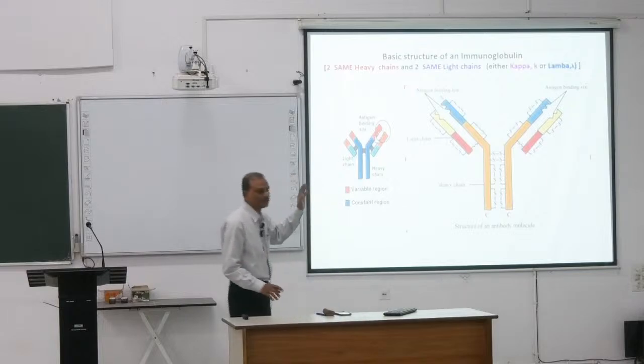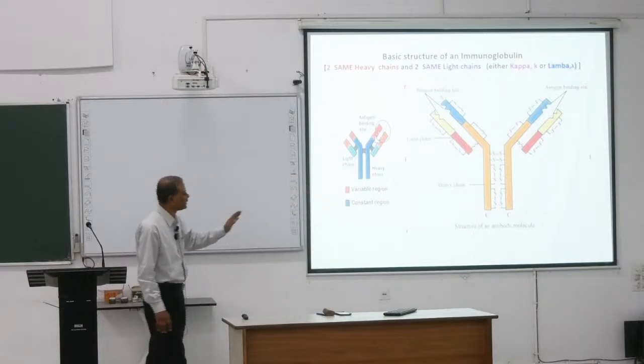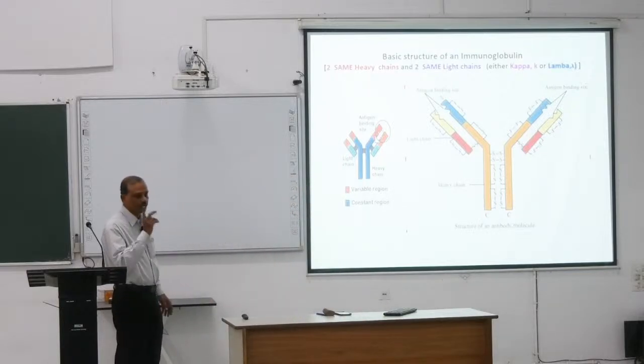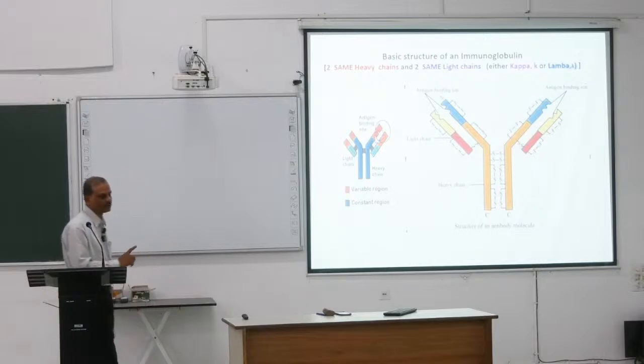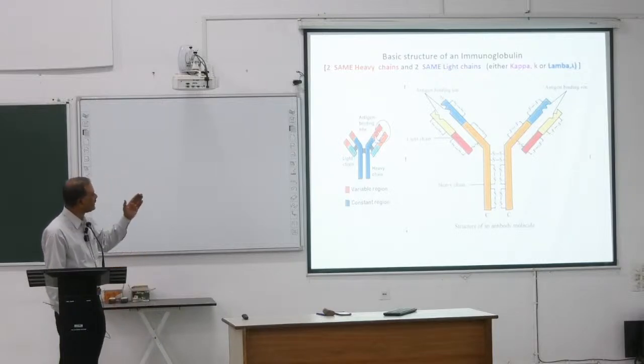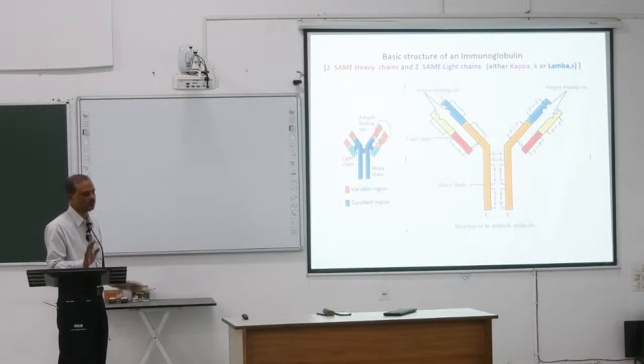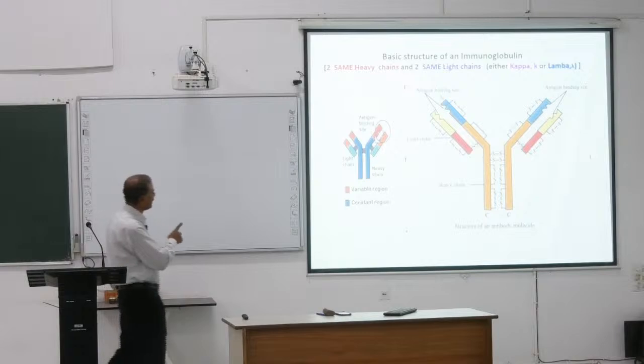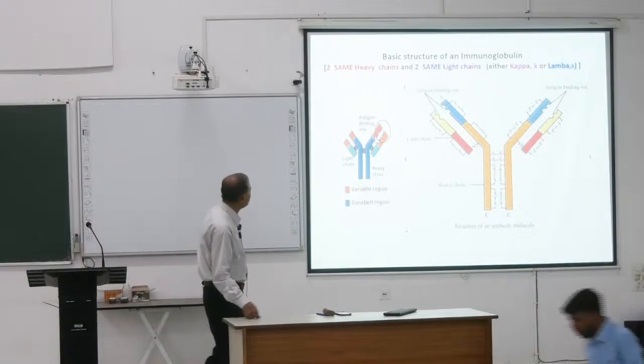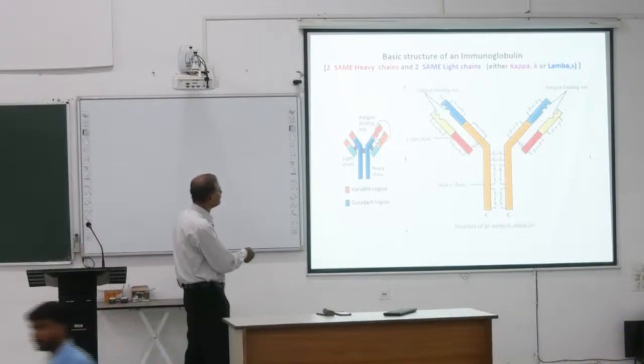So the basic structure of an immunoglobulin, you must remember, has two heavy chains and two light chains. The light chains will be either kappa or lambda, not a mixture of the two. That you must remember. And there is a specific site called the antigen binding site.